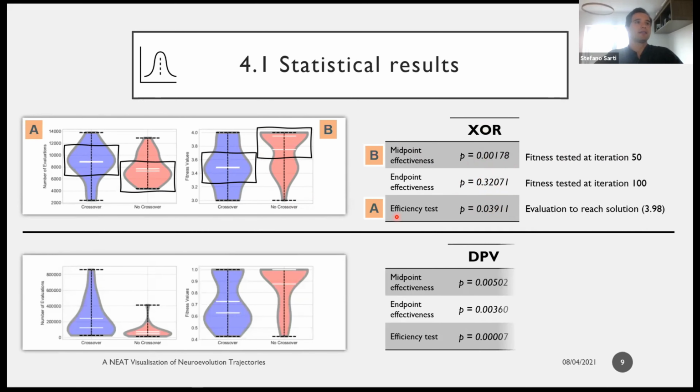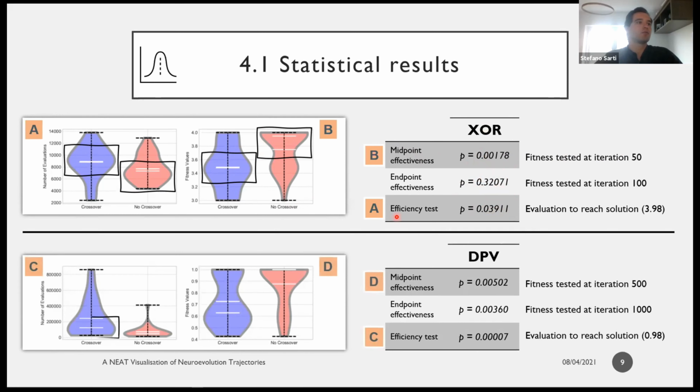If we look now at the statistical results for double pole balancing, we are witnessing similar results. Again, the spread of values for no crossover is narrower. It takes fewer evaluations to reach the fitness threshold, and the fitness values again show a similar result as for XOR.